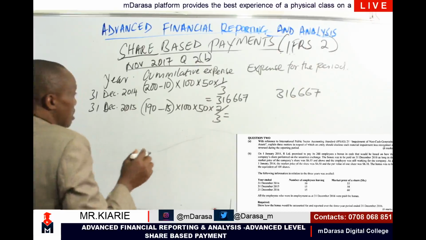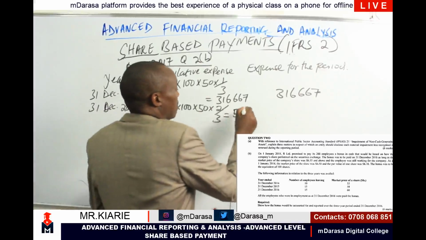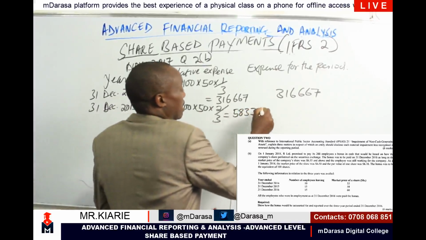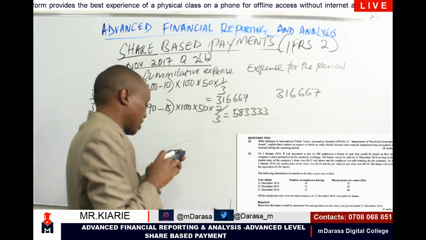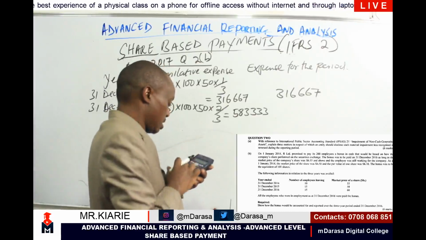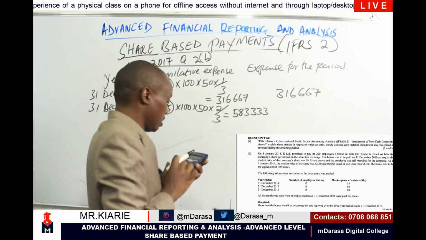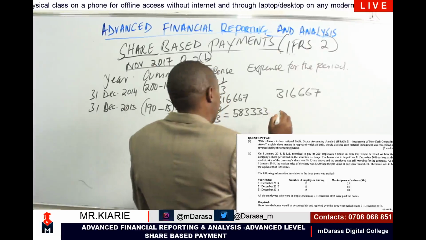It gives me 583,333. I subtract the cumulative expense of the previous year, 316,667. It gives me 266,666.